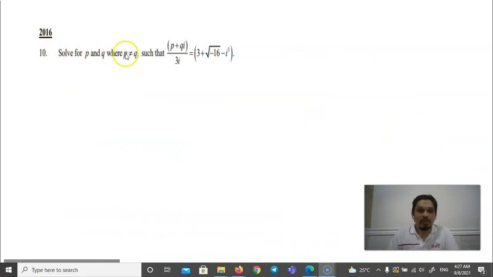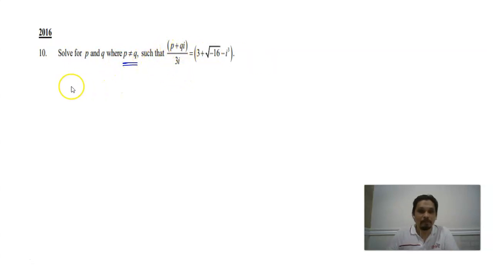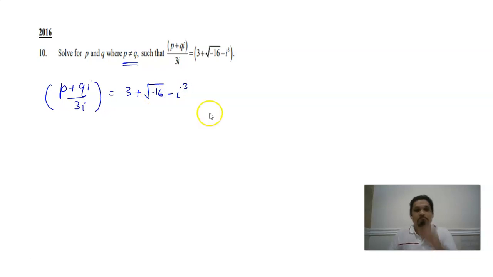Solve P and Q where P is not equal to Q such that P plus Qi divided by 3i equal to 3 plus square root of negative 16 minus i cubed.